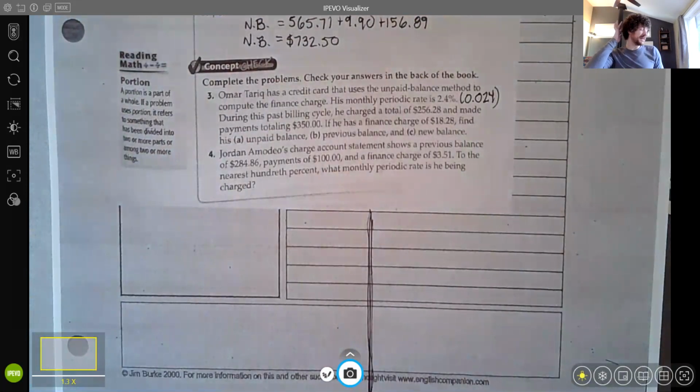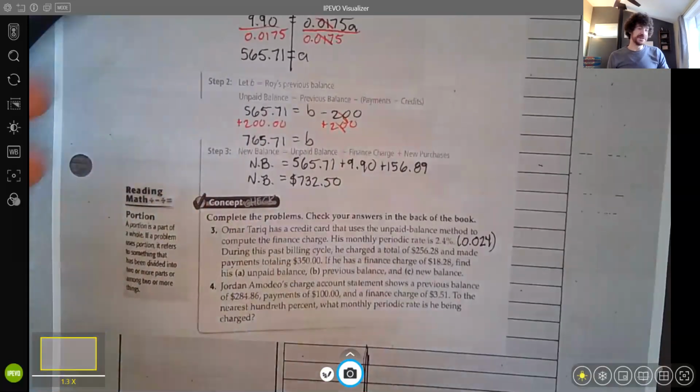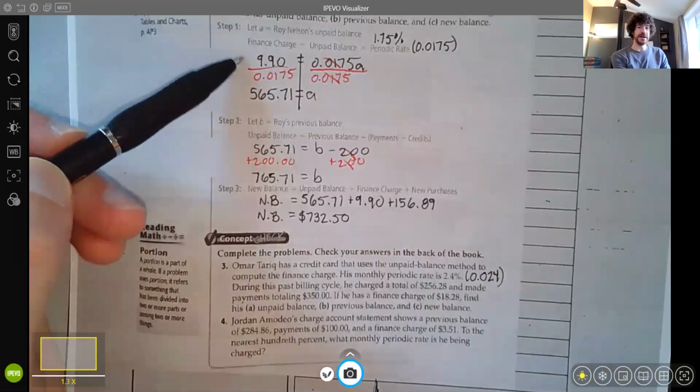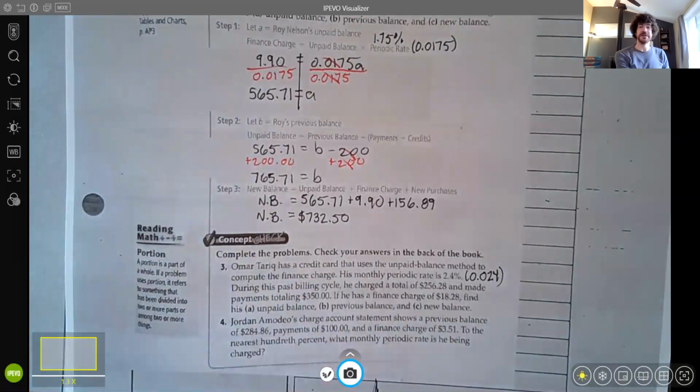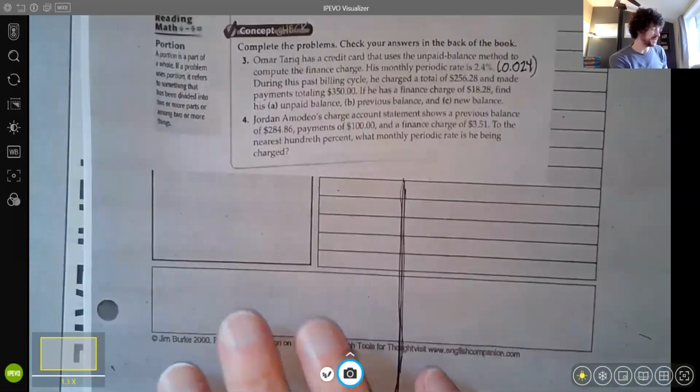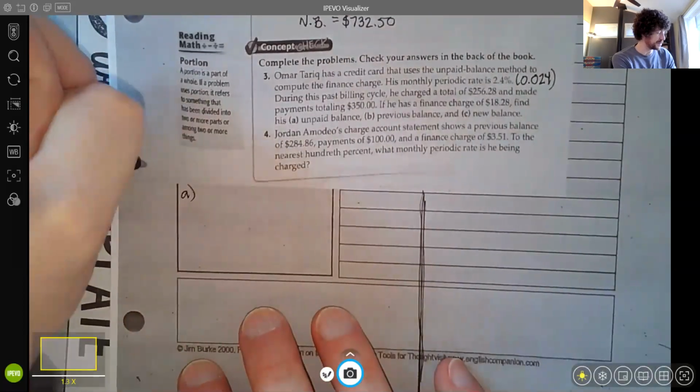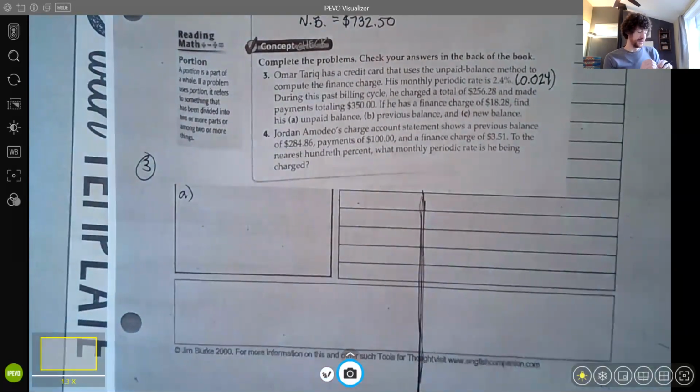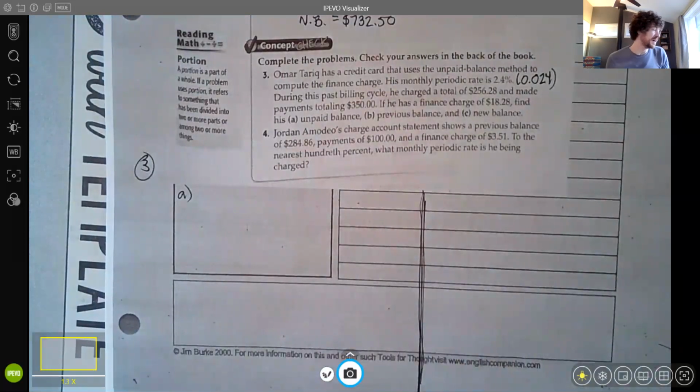So this is going to work out exactly like what we did on the previous problem. We're basically just going to be setting up A, B, and C, just like we did on this problem right here. So here's A, so number 3, A. We're going to use the finance charge equation here.